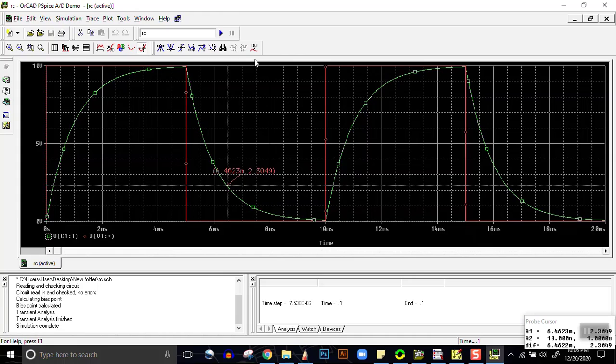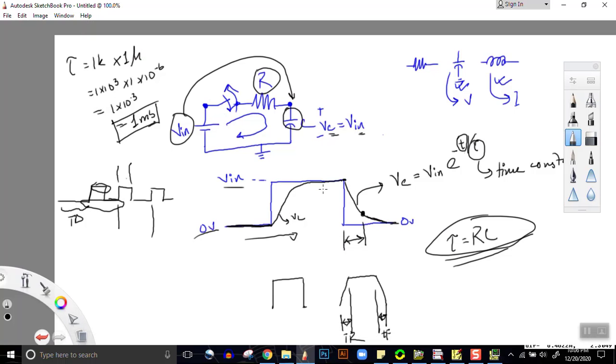Now here the y-axis value 2.3049 is the capacitor voltage and the x-axis value 6.4623 is the time. Now how will you determine tau? You will determine tau from this equation.